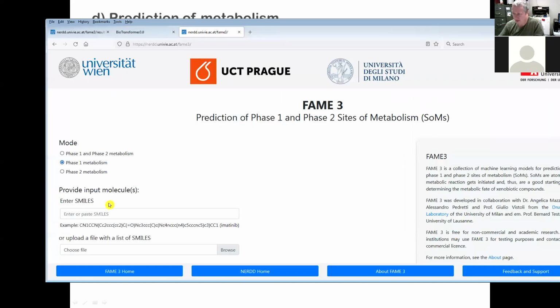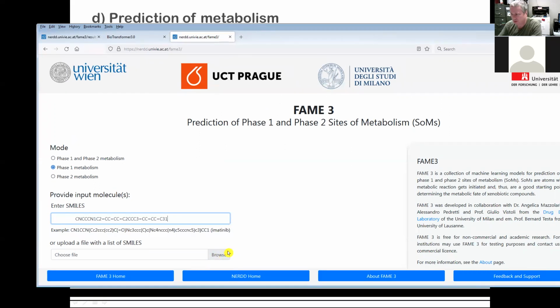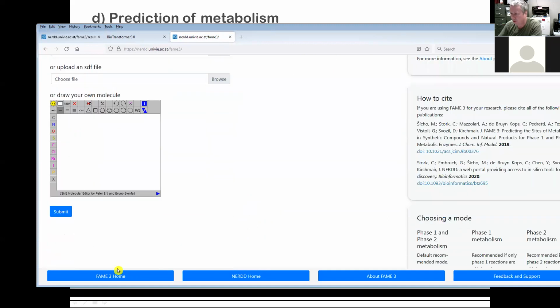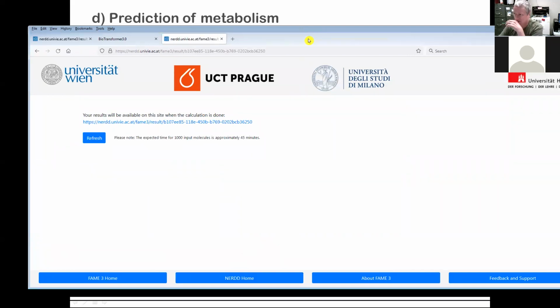Let's see if it works. All right, so I'm going to paste the SMILES. Did I get the SMILES? I don't have SMILES yet. Let's get the SMILES. Okay, I'm pasting the SMILES of this Decorramine, and I'm going to submit it. Takes a second.